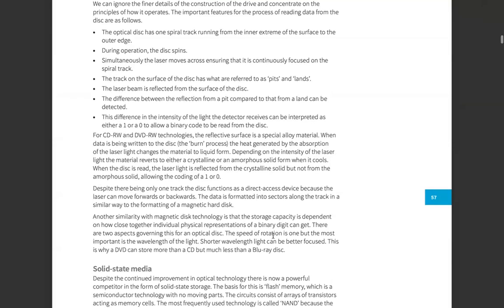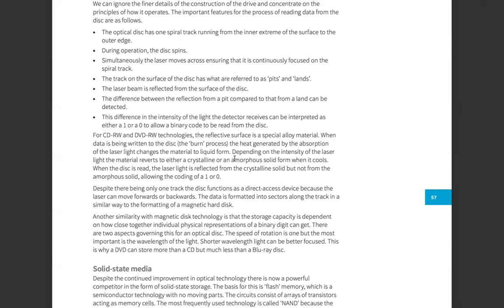For CD read-write and DVD read-write technologies, the reflective surface is a special alloy material. When data is being written to the disk, in the burn process, the heat generated by the absorption of the laser light changes the material to liquid form.